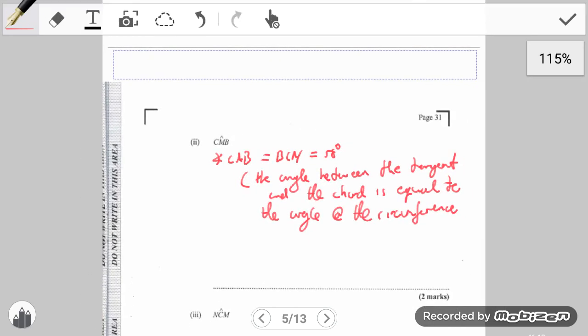Okay, so that's the reason why we stated that angle CAB is equal to angle BCN.